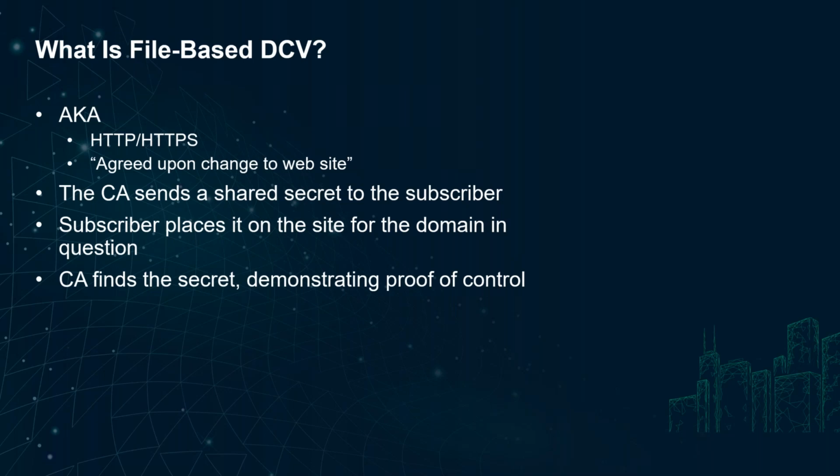As the certificate subscriber, as probably everybody listening to this webinar is aware, you have to demonstrate that you actually have control of the domain for which you're requesting the certificate. Seems pretty important. Without that, SSL certificates wouldn't work. And there's a few ways that this can happen. The way it works in the case of file-based DCV is that the CA will send a secret. You can think of it as a long random number, for want of a better analogy.